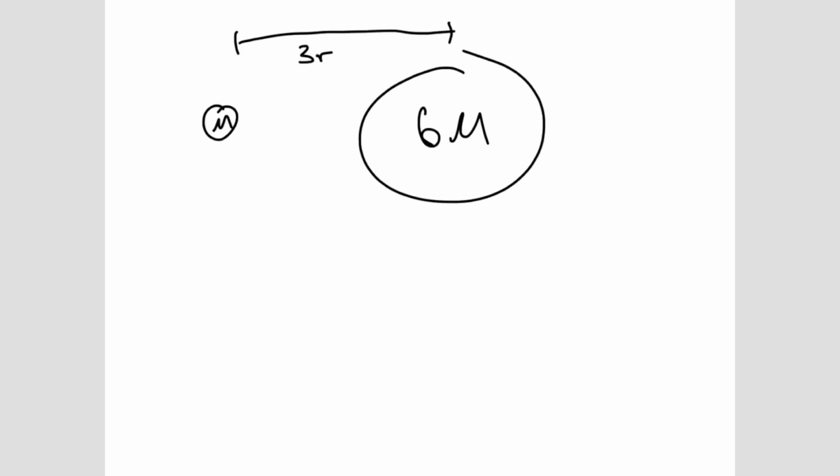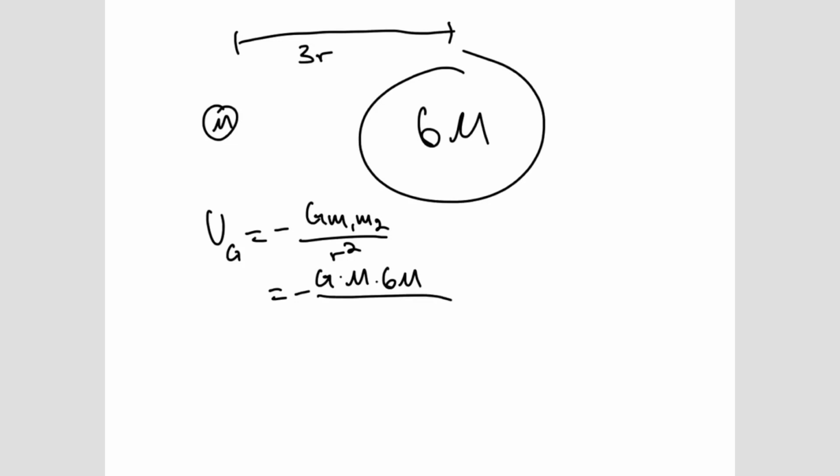Alright, I'm going to assume you've given it a shot. This problem is quite simply a matter of plugging and chugging numbers. We have our formula, U sub big G is equal to negative G m1 m2 divided by r. So we have negative big G times m times 6m divided by 3r.